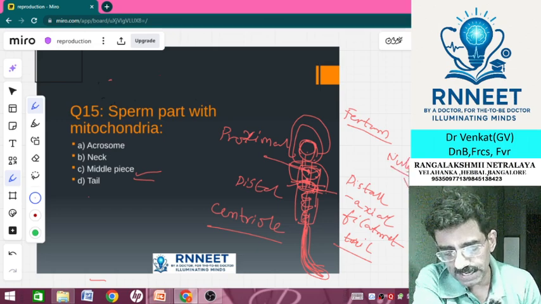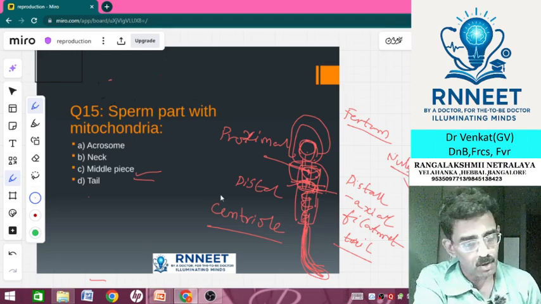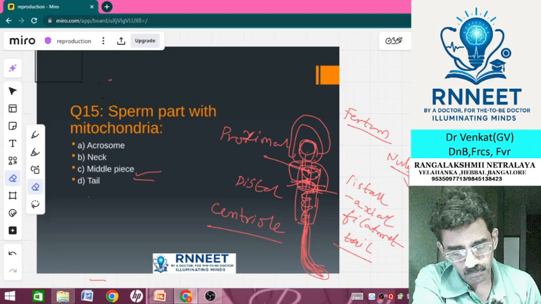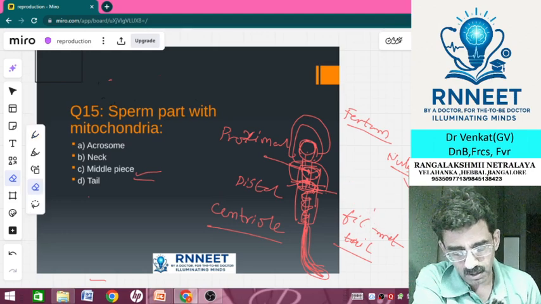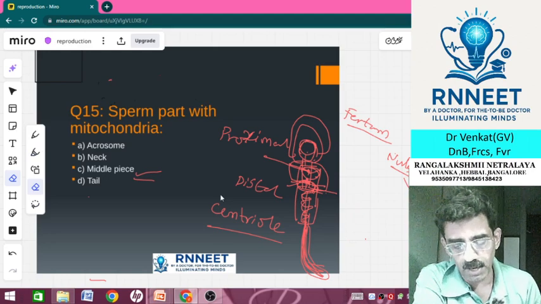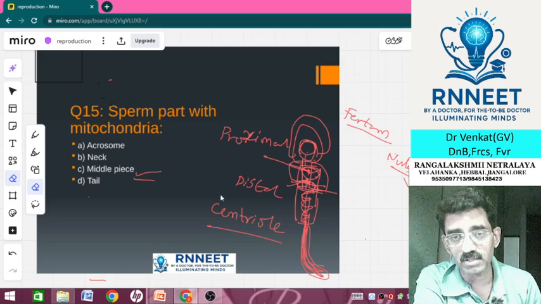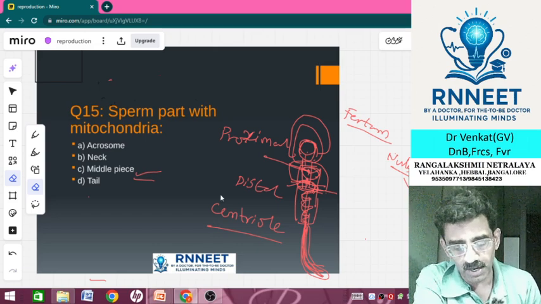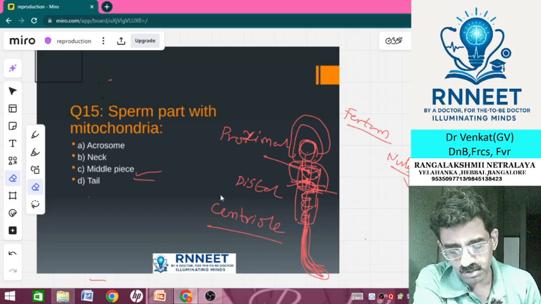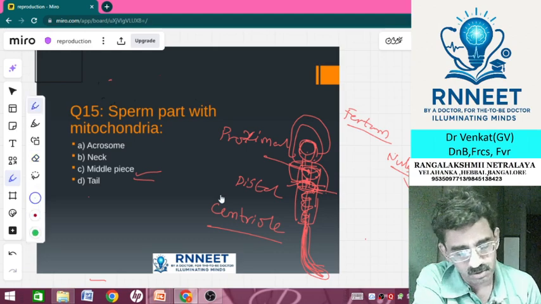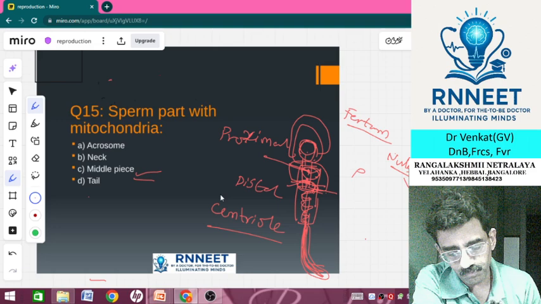If you remember the fertilization steps, after the sperm nucleus enters the ovum, at that particular time the proximal centriole also enters in.